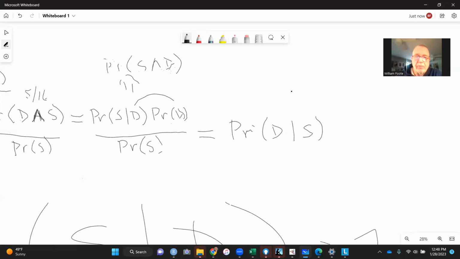Now, it turns out that this is 5/16 in our example, and this is 8/16. 5/16 divided by 8/16 gives us 5/8. Bayes rule. Now, that is the rest of the story.